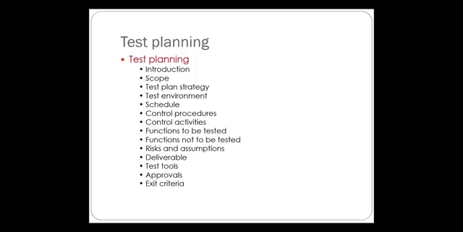Introduction gives a brief description of the system being tested to anyone reading the test plan, and it would get an overview of the feature of the product being tested, you may say. Scope जो है, it describes at high level what will be tested and what will not be tested in order to avoid ambiguity, and it also identifies what is going to be addressed by the testers.